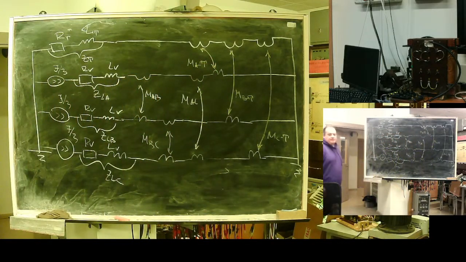Here it is. Here is your model: the self resistance and inductance of the three phase wires plus the protective wire, three mutual inductances between the phases, and the magnetic coupling between the phases and the protective wire.